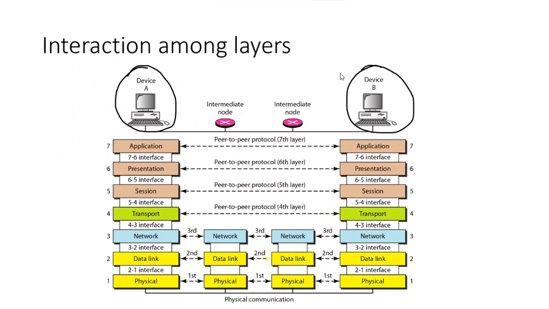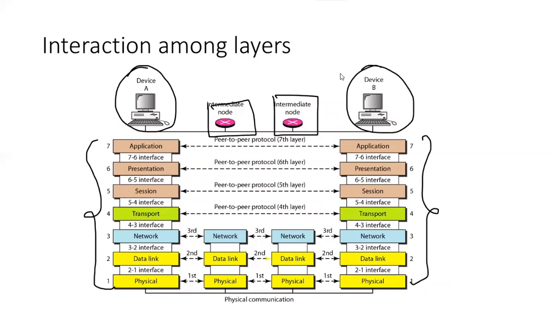In between, you have intermediate nodes, which together connect device A to device B. At device A you have these 7 layers, and at device B you have these 7 layers.